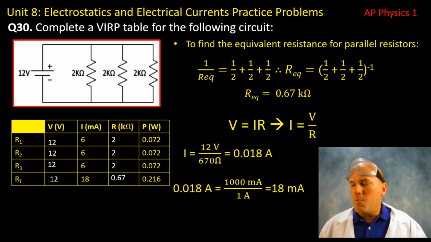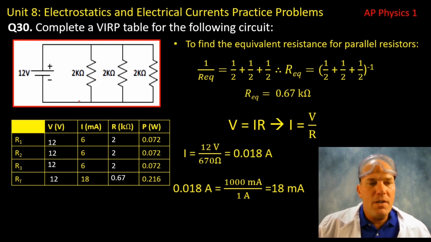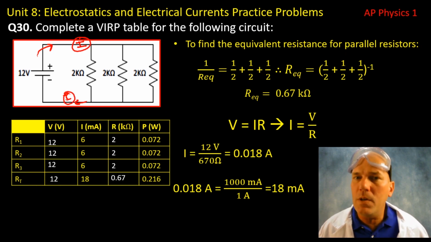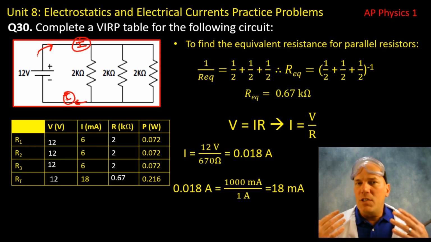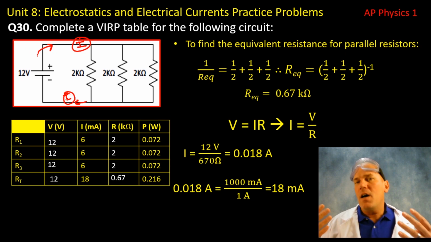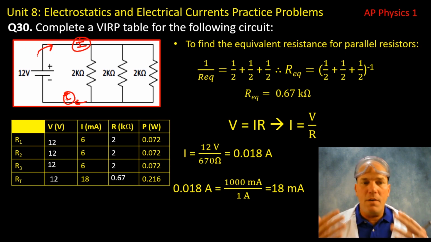However, when the current splits, so right here, if I had an ammeter at these locations, I would have the total current. Again, that's Kirchhoff's junction rule and an application of the conservation of charge.